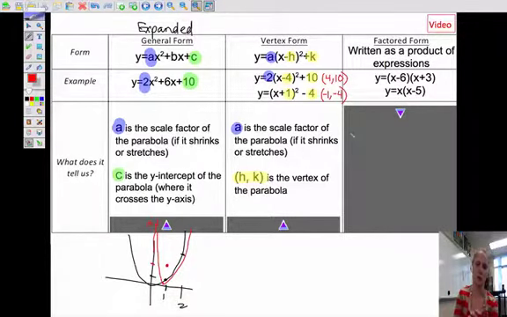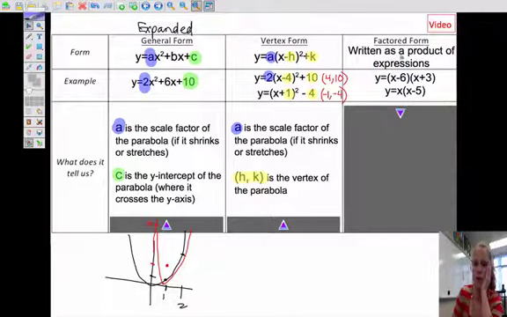If we move to the left, that's actually an addition. So it would make sense that this parabola moved to the left and its vertex is negative x, and then it moved down, so it's negative y. This one is moving to the right 4 and up 10. This one is moving to the left 1 and down 4. And we've talked about that in our translating of quadratics in the beginning of this unit.